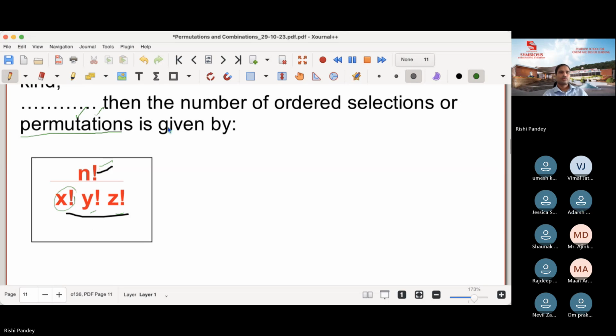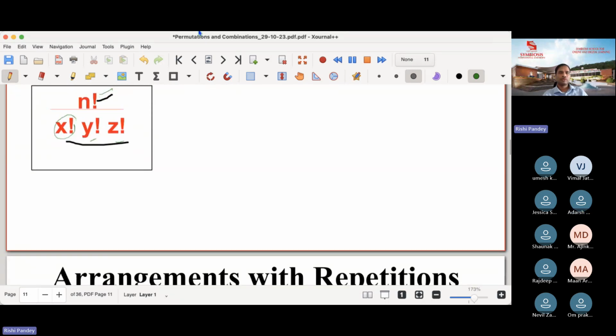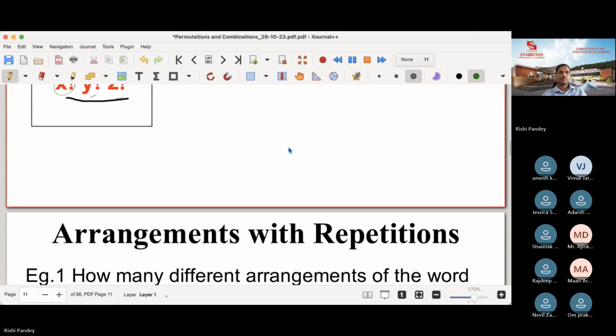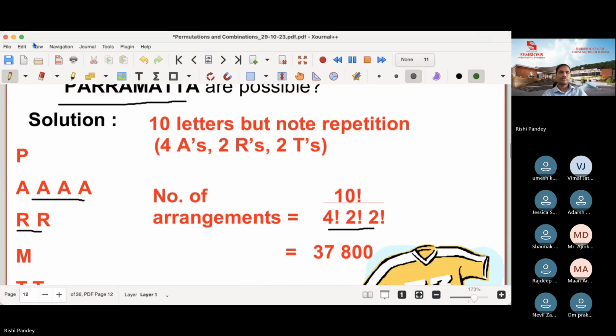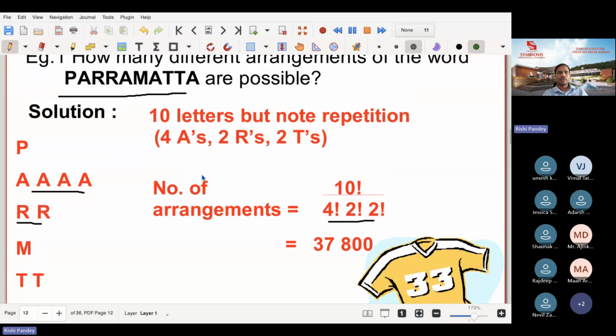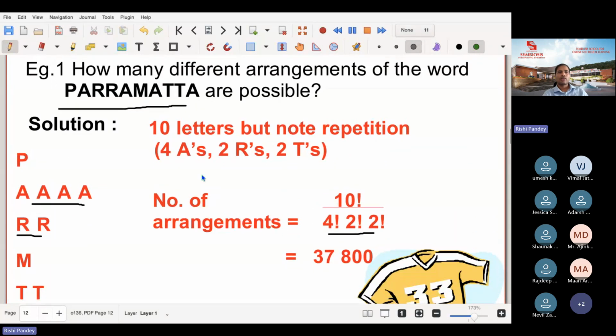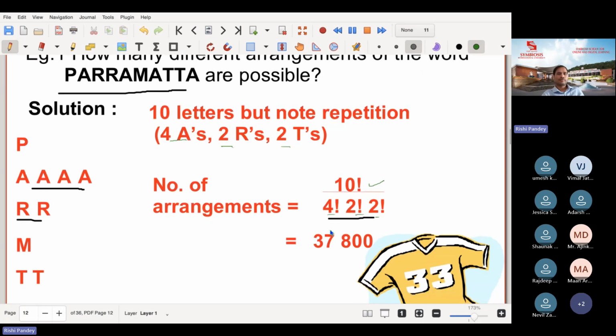I will show this type of question. If you see this example, paramata: in paramata, we have 4 times A, 2 times R, and 2 times T. So the exact arrangement is factorial 10 divided by repetitions.